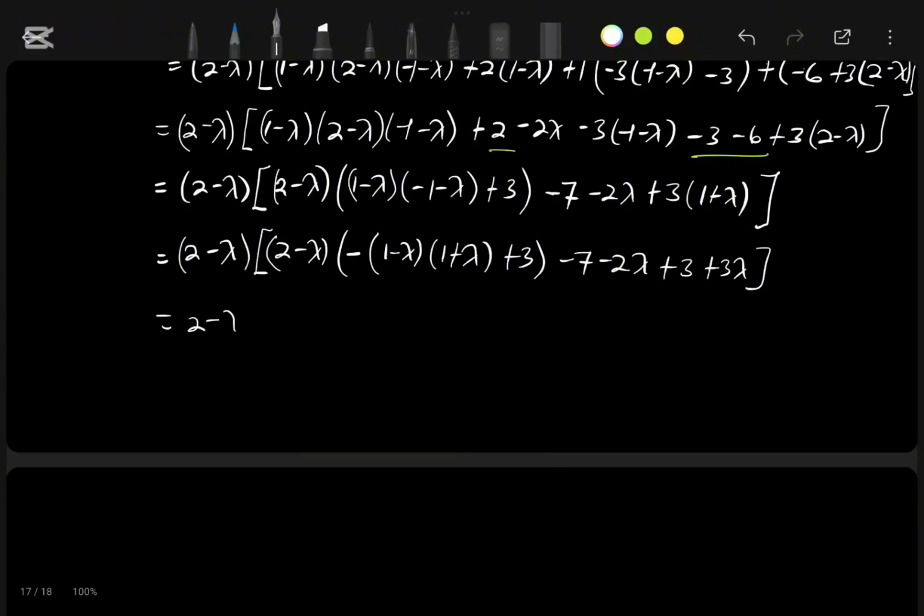So you have 2 minus lambda, 2 minus lambda into bracket, you have minus into bracket 1 squared minus lambda squared plus 3 minus 7 plus 3 gives us minus 4, and 2 minus 2 lambda plus 3 lambda gives us plus lambda. Okay, there's a bracket here, there's a bracket here.